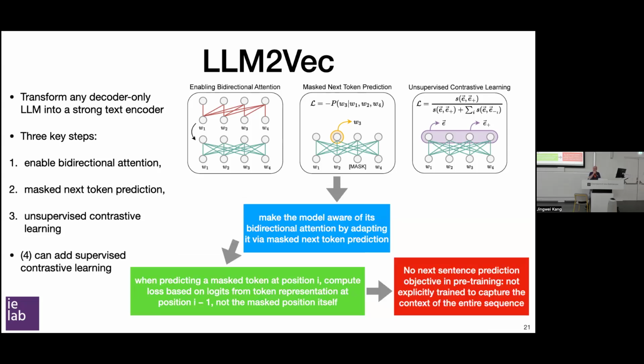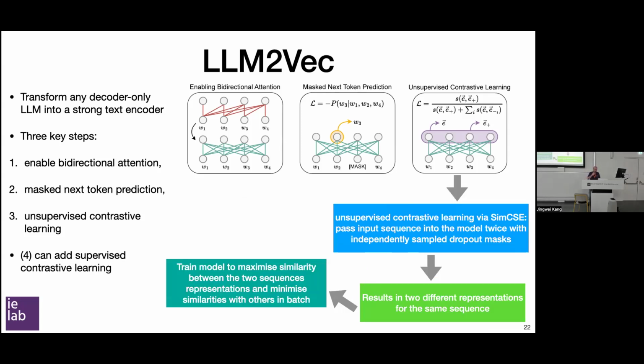So that's why you need to do a bit of retraining, or a bit of masked next token prediction, to make that self-attention work, really. So you want the model to become aware of the bidirectional attention function, so you want it to attend to the future tokens as well. And so they do next token prediction to do that.